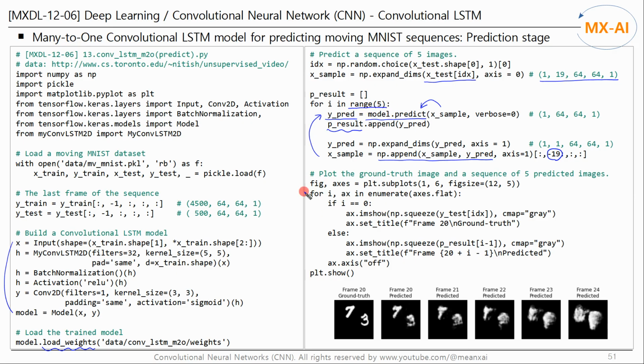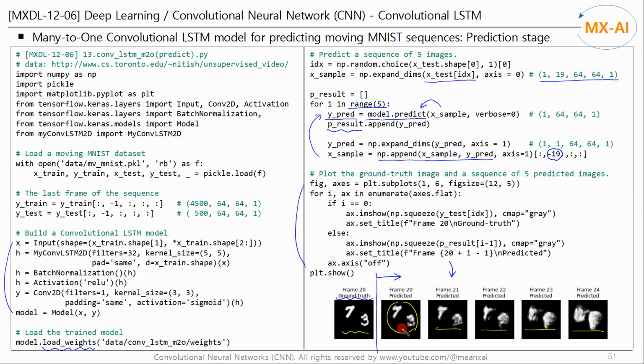Plot the ground truth image and a sequence of 5 predicted images. The prediction results are output as follows. The first image is the ground truth image, ytest. And the next 5 are a sequence of the predicted images. The first predicted image is somewhat accurate. But from the second time onwards, the image becomes increasingly blurry.